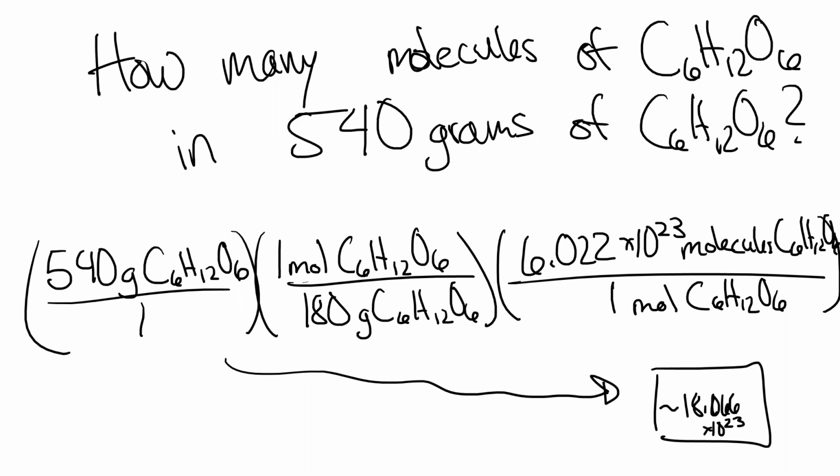Unless the question asks for it in scientific notation, or the answer in the multiple choice is in scientific notation, you don't need to worry about it. But if the answer you get is 18.066 times 10 to the 23rd and you don't see it on there, but you see 1.8066 times 10 to the 24th, you should be able to recognize it. Does that make sense? Okay.